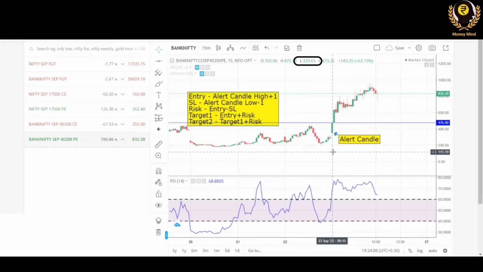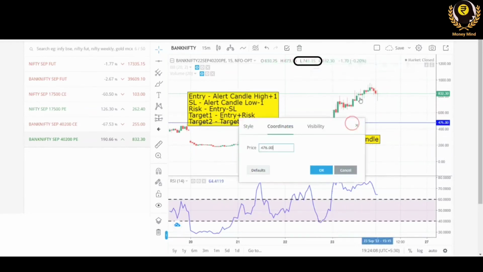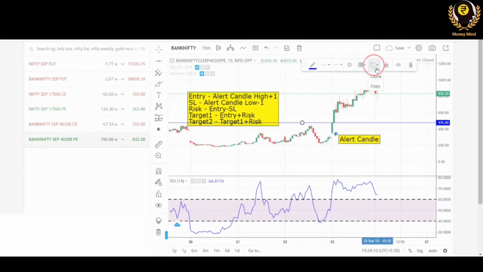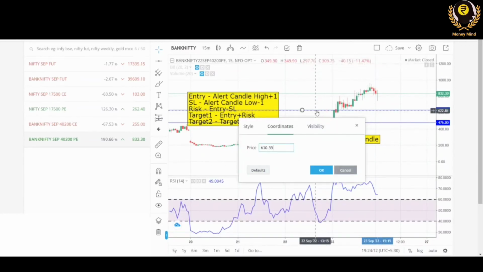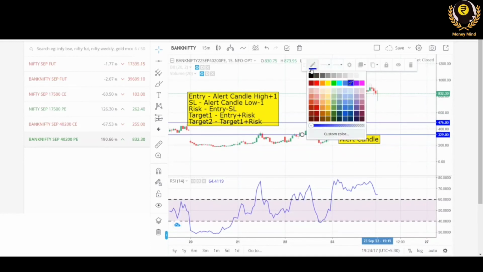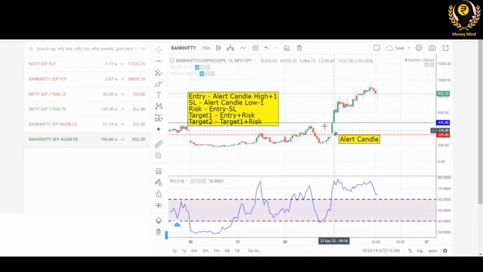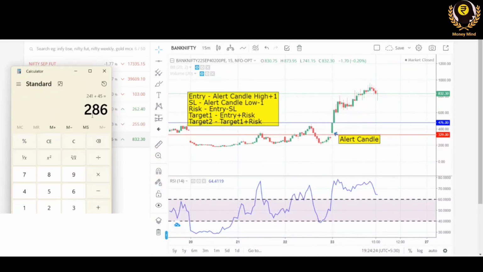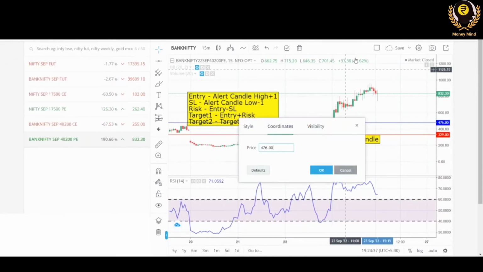I'll set my stop loss to 329. 147 is my risk. I will add this to my entry to identify my target 623.